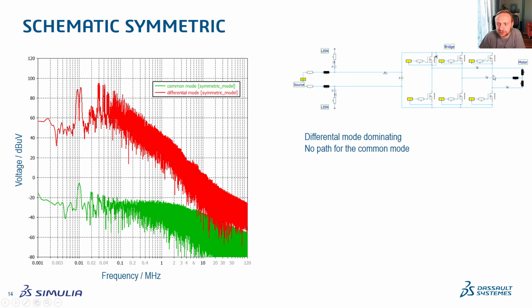Basically, there is no path for the common mode here. There is some noise still appearing here; it's not perfectly zero in the circuit simulation, but you see more than 90 dB of differential mode at the low frequencies compared to the common mode. So that's as we would expect. In such an arrangement, no common mode basically exists, and this is the result we are getting.